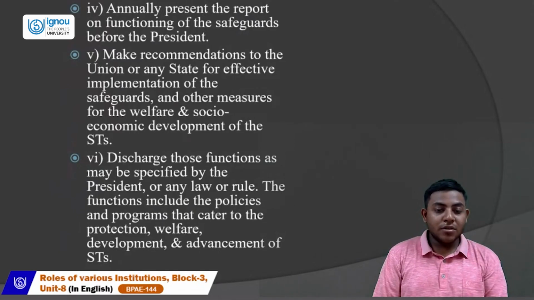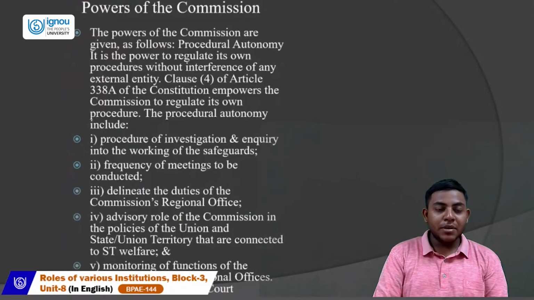The functions include the policies and programs that cater to the protection, welfare, development, and advancement of the Scheduled Tribe community.